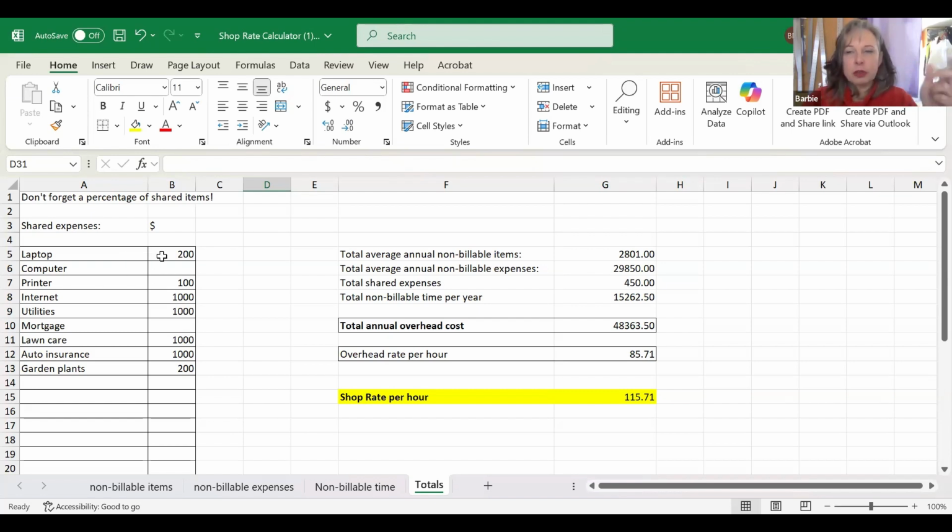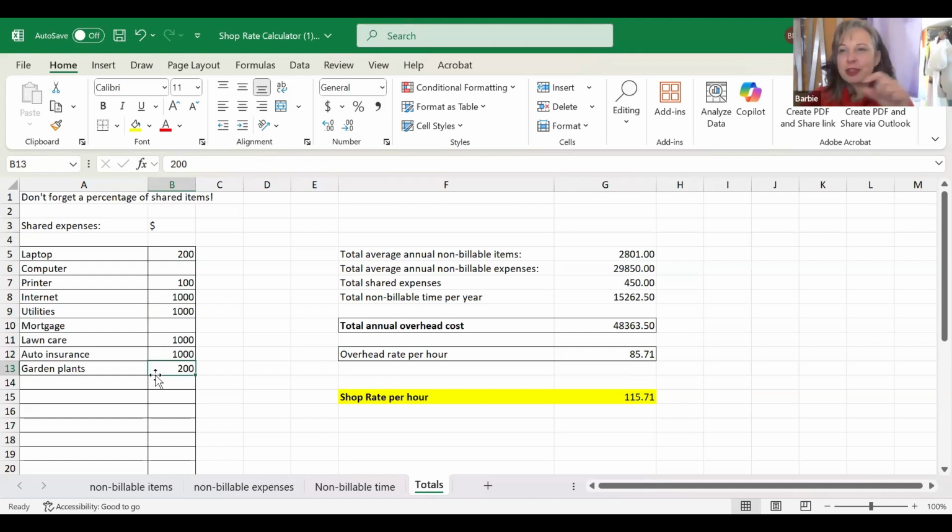Okay. So computer, printer, your internet expense. Okay. How much utilities is spent on your house? The water, the electricity, gas, all that kind of stuff. Whatever your mortgage is, lawn care. People have to see the outside of your house when they come in here. Auto insurance, that's shared. Garden plants, I plant little plants out front so my clients can see them.